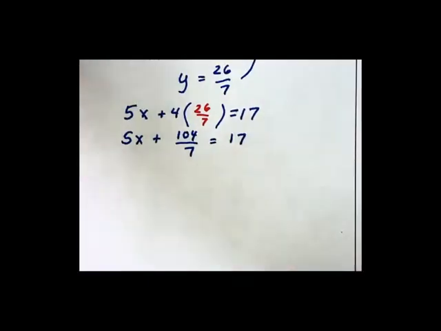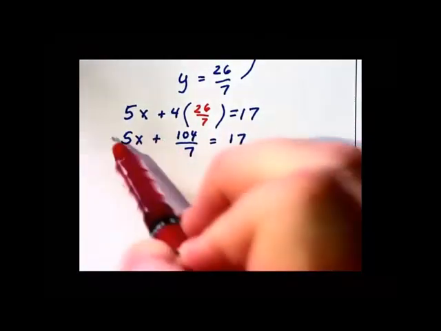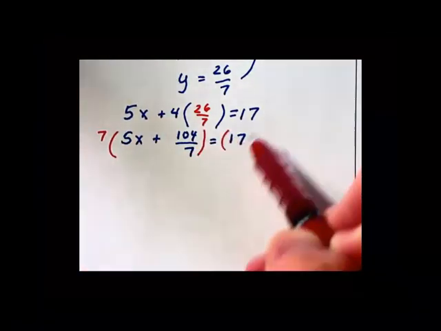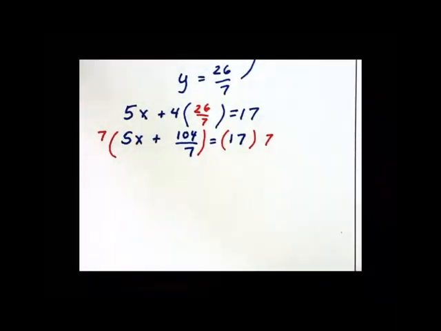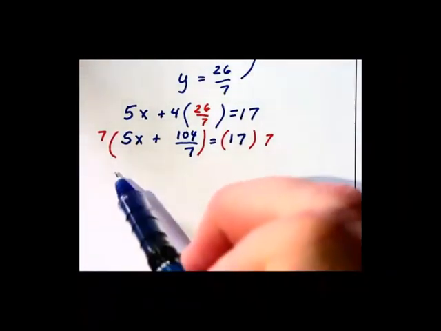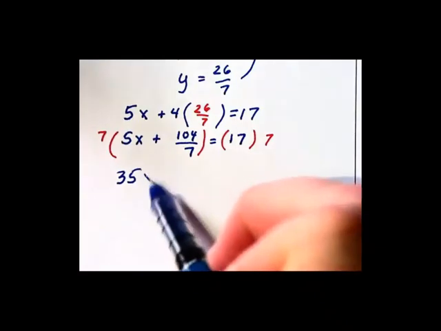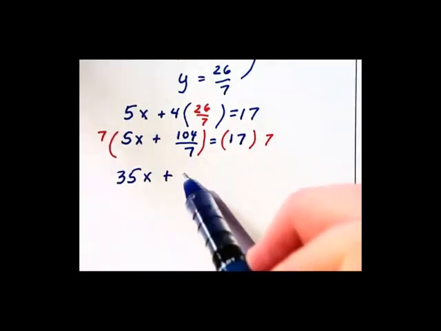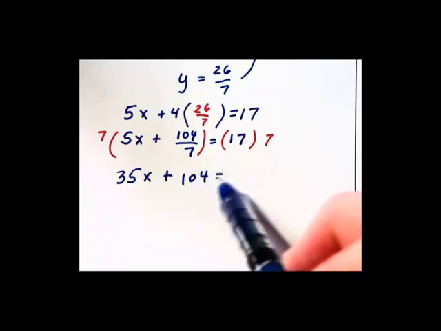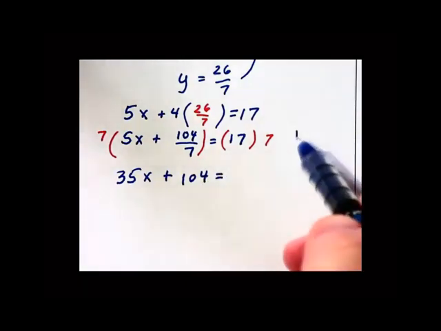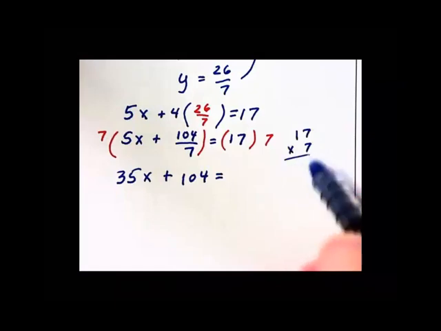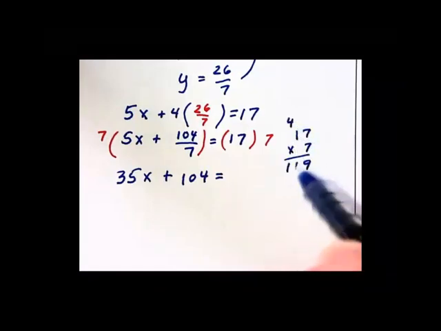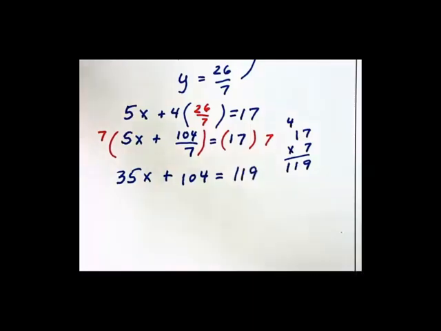Now, I don't know about you, but I don't like these fractions, so I'm going to clear the fractions by multiplying through on each side of the equation by 7. On the left, that's going to give us 35x plus, the 7's will cancel here, leaving us 104, equals 17 times 7, that's 119.